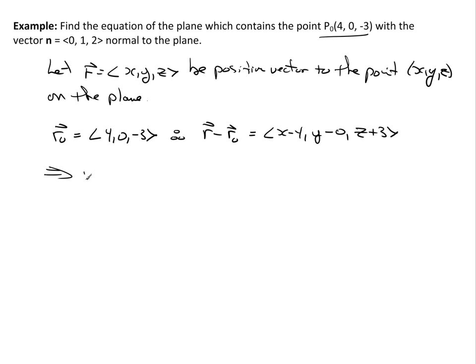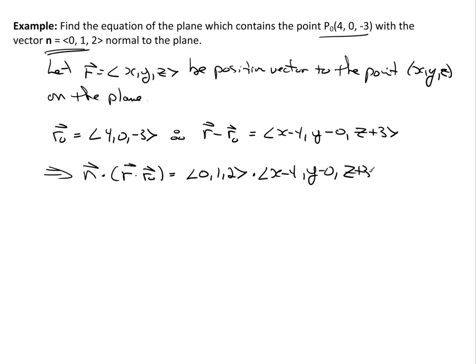That gives me n dot (r minus r0) is going to be equal to, here's my normal vector, I'm going to write it like this: (0, 1, 2) dot (x minus 4, y minus 0, z plus 3).